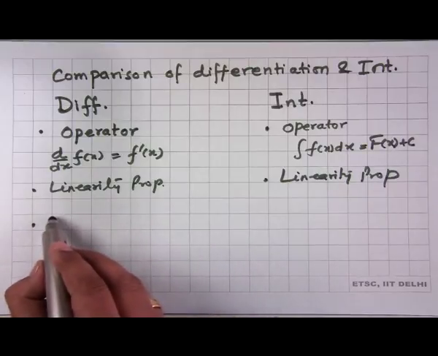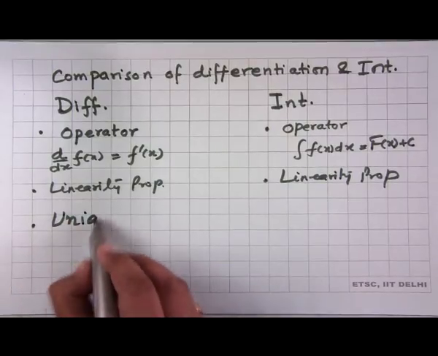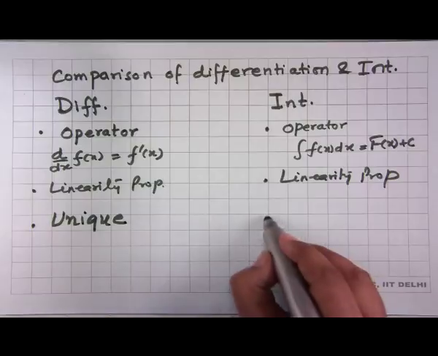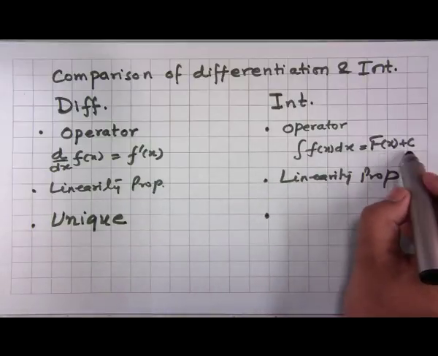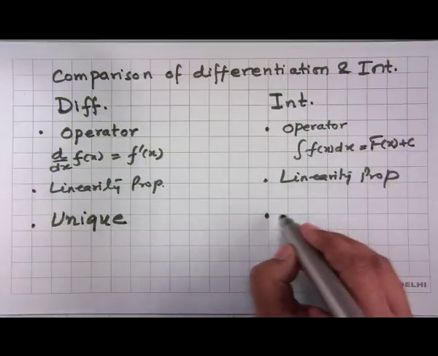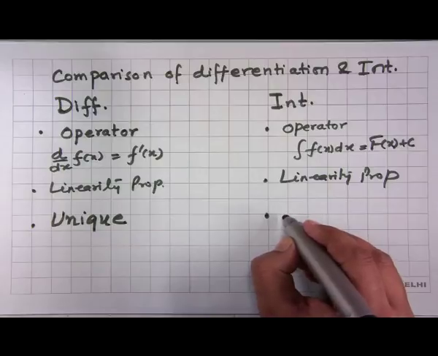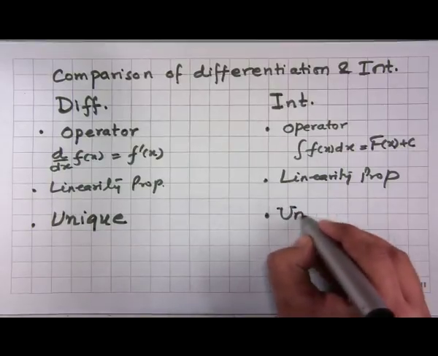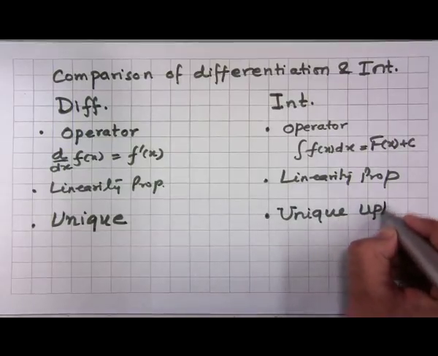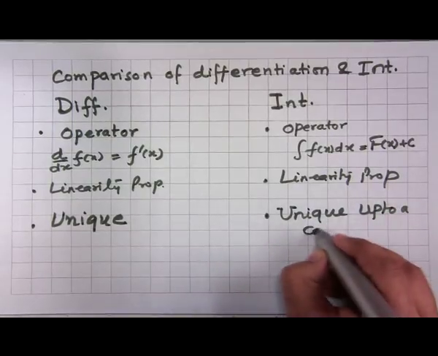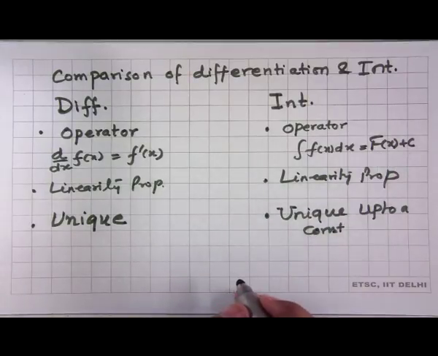Differentiation, if we take it of a function, is unique. So, the derivative of a function is unique. Integral, we have seen, if we take the integral of a function, it is f x plus c. So, it is not unique in the sense of the way we define uniqueness, but we call it most of the time unique up to a constant, which means that if we ignore the constant, then those integrals are unique.